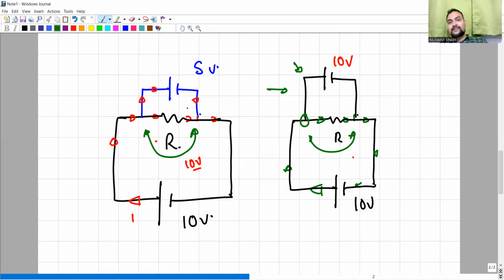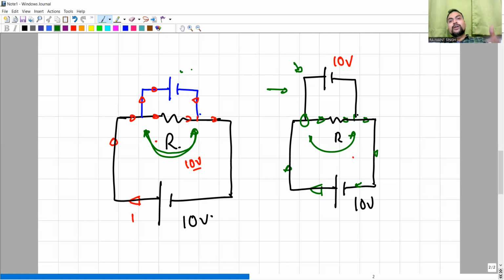You need to get this clear: if this cell has a lower potential than the potential drop across this resistance, then the current is going to flow. And if this cell has the same potential as the drop across this resistance, then the current is not going to flow.